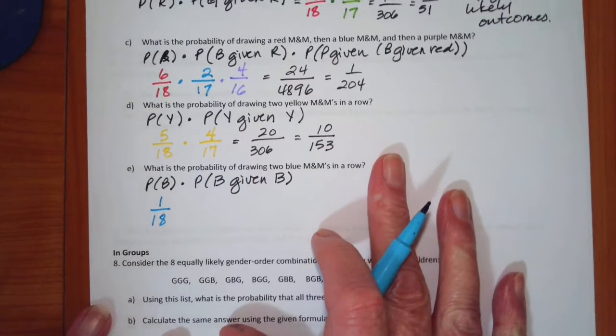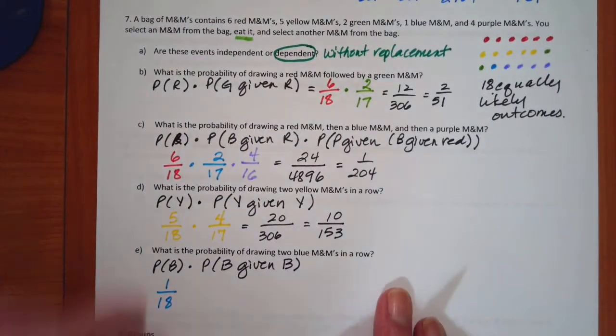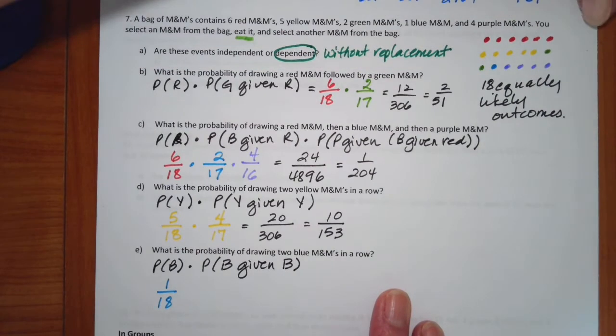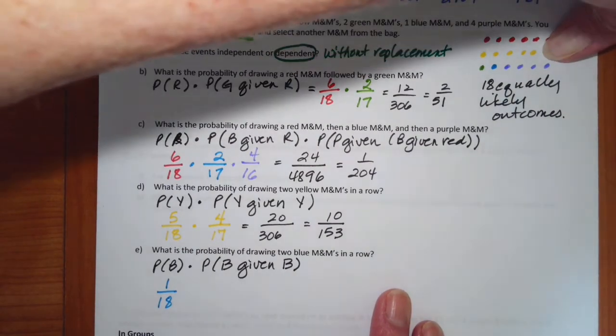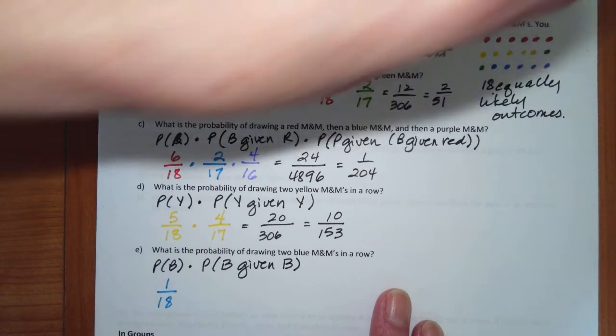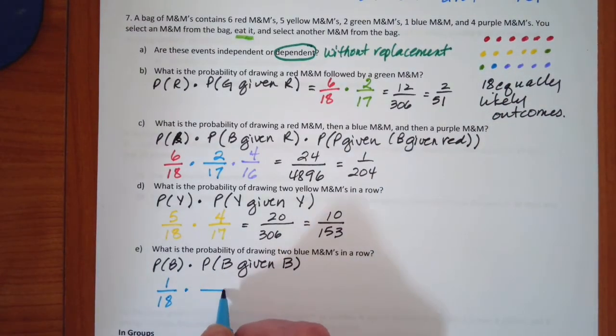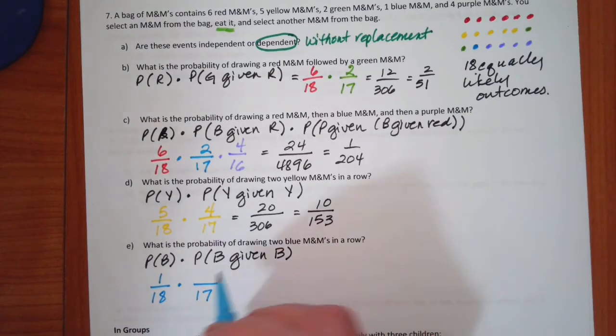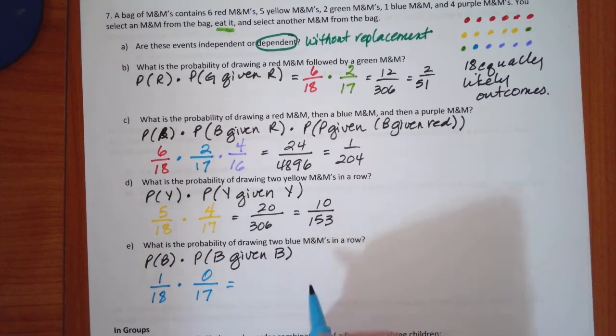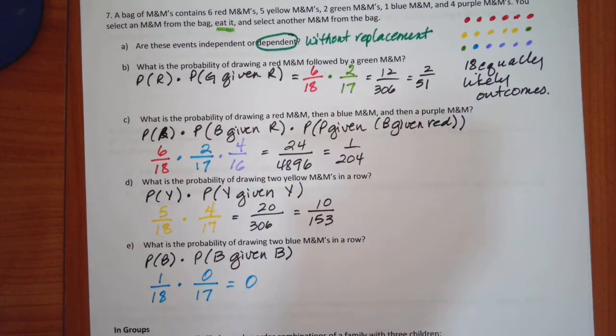Whoops, I'm sorry. I can't see all of that. Okay, so it's gone. Whichever one of these is blue. Okay. Well, now there are only 17 M&Ms in the bag, but there are 0 blues. So this is 0. It's not possible.